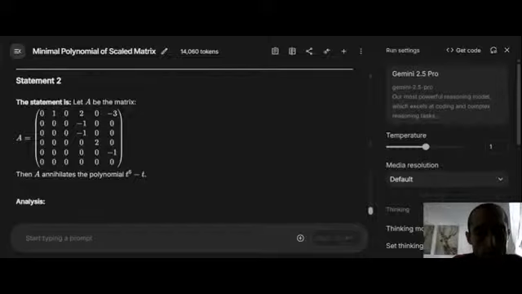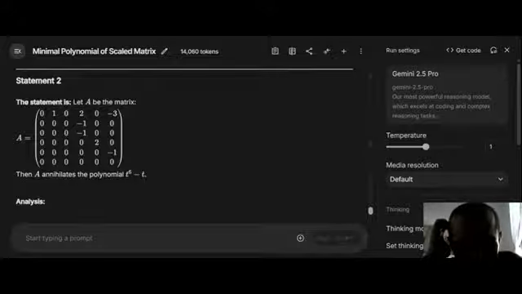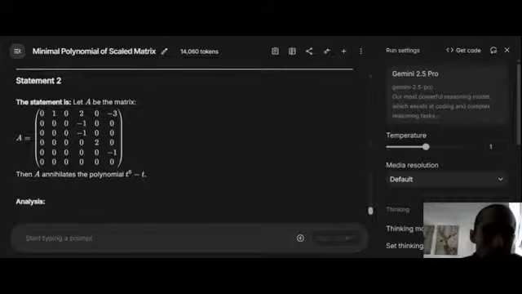If I have a characteristic polynomial of T to the power of 6, can it be that T to the power of 6 minus T annihilates A? Let's try it out. The minimal polynomial divides each of these polynomials, and the minimal polynomial is just T. So yes, it's possible.